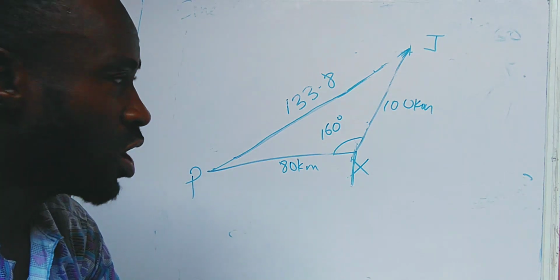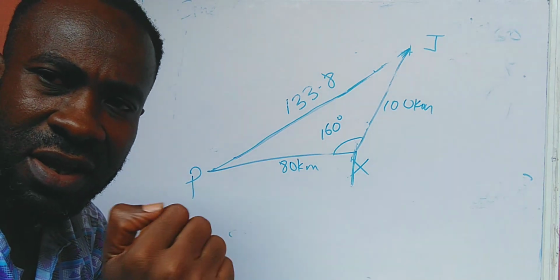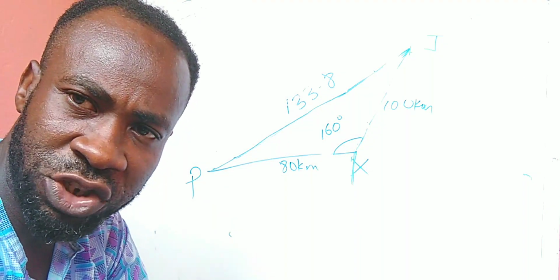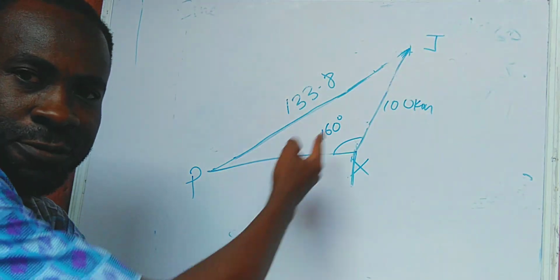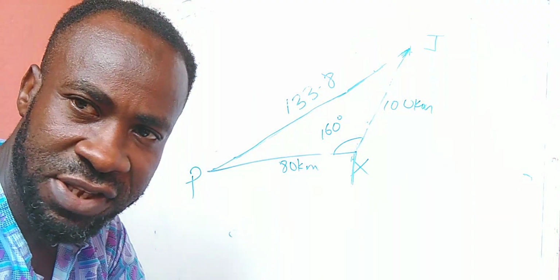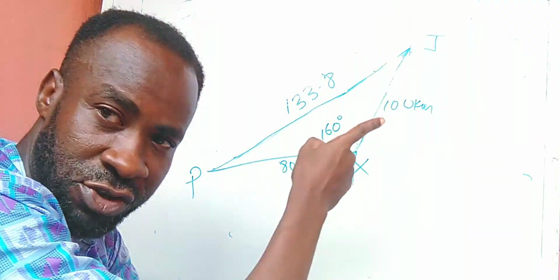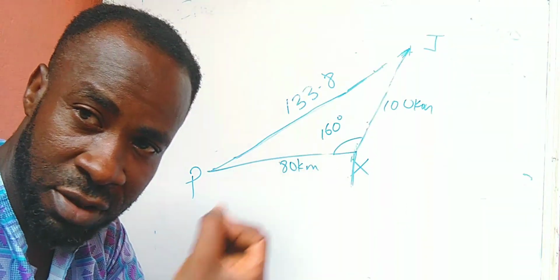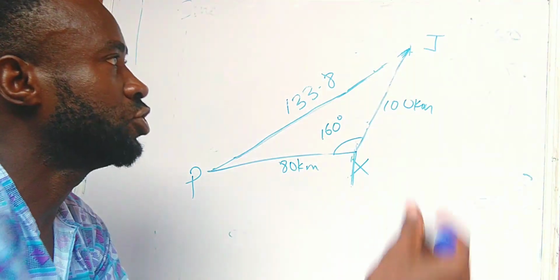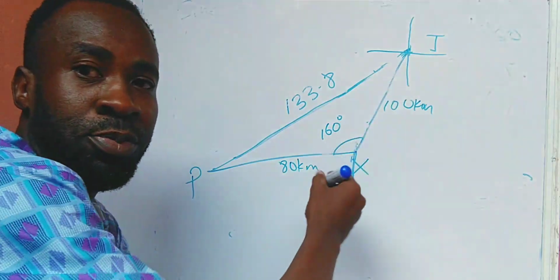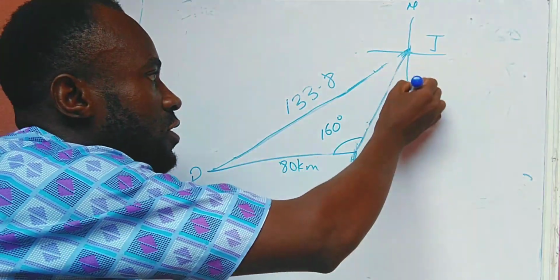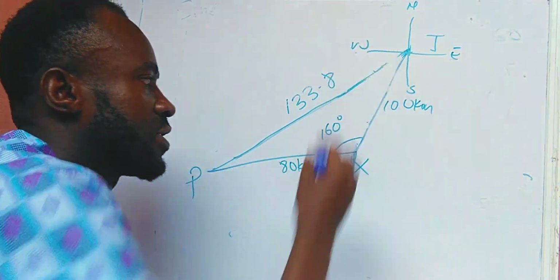So today we want to answer the second part of the question that says find the bearing of Peter from John. Now recall it said Peter from John, which means that the bearing is coming from John. So we come to John and we construct our four cardinal points there: north, south, east, and west.